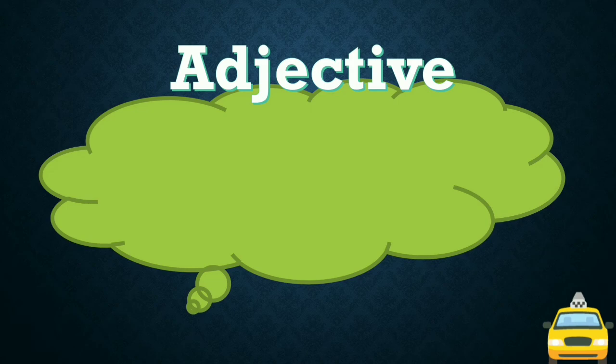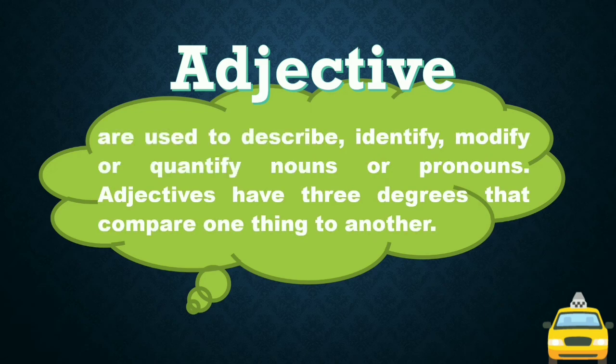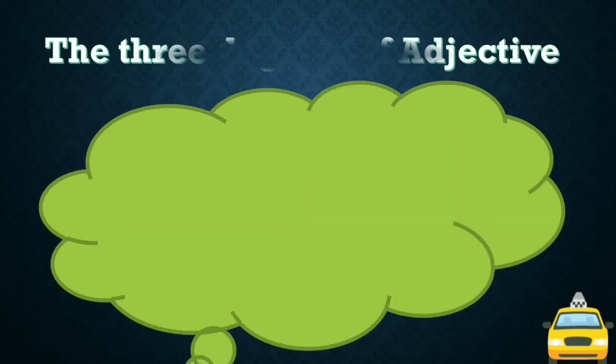Let's check what an adjective is. Adjectives are used to describe, identify, modify, or quantify nouns or pronouns. Adjectives have 3 degrees that compare one thing to another. Let's discuss the 3 degrees of adjectives.